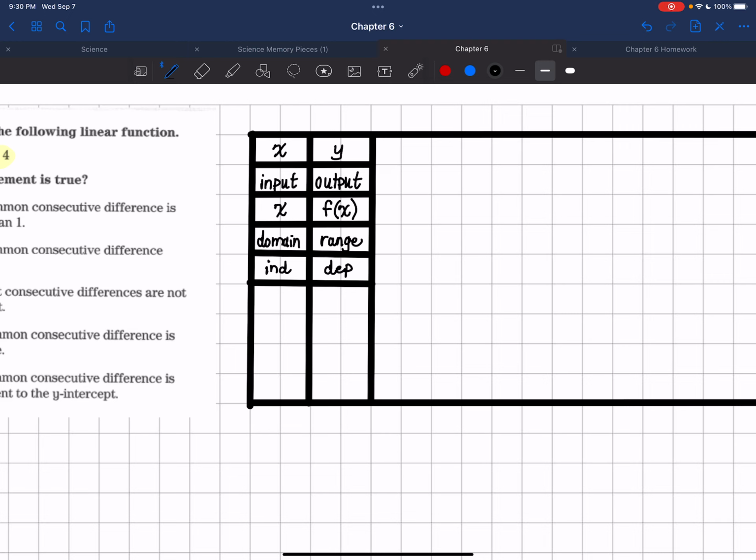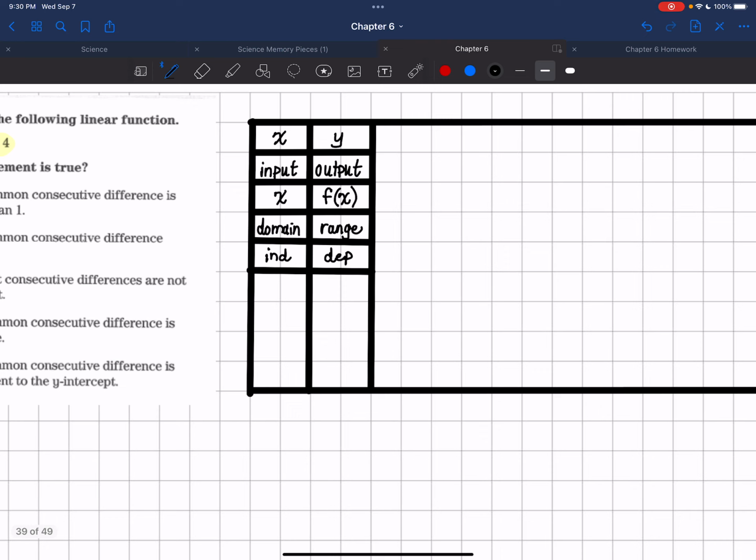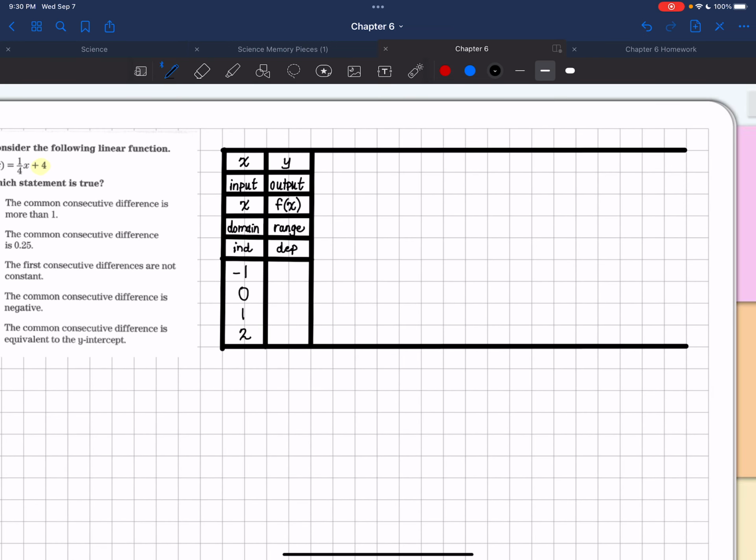Okay, so I'm going to pick some points. I think I'll use -1, 0, 1, and 2. And then let's make some space for the actual function that we're going to need. And I'll do that right about here.